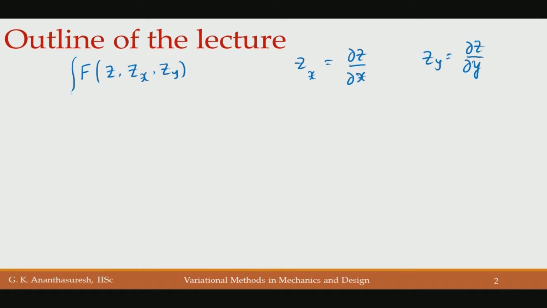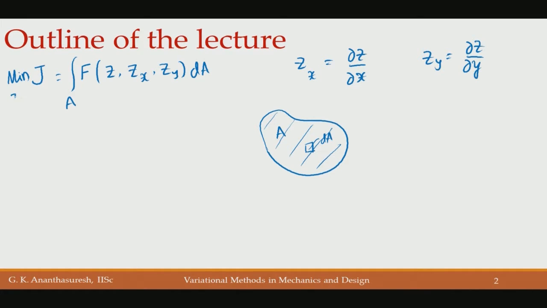So, we have a functional that depends on x and y, which we write like a dA, that is, if I take an arbitrary domain like this, somewhere I take a small area which I am denoting as dA, and then I integrate over the entire area. That is what this means. That is our J, the functional which we minimize with respect to z, x and y. Okay. That is our problem.